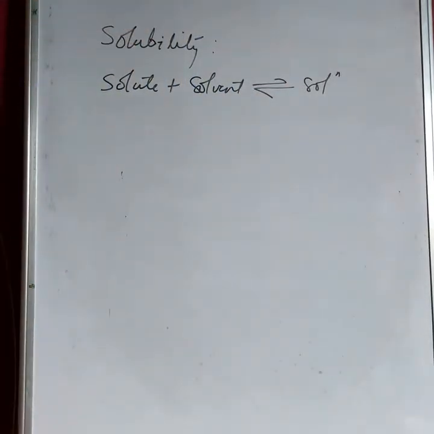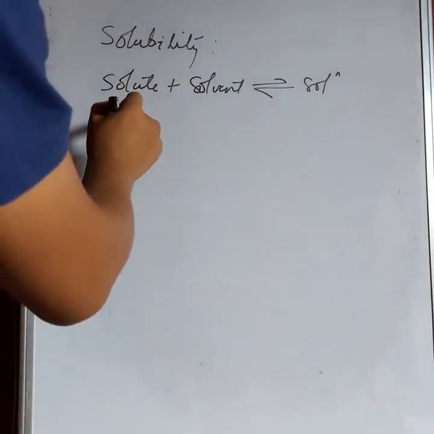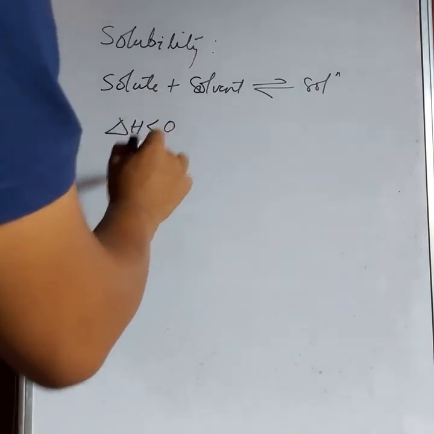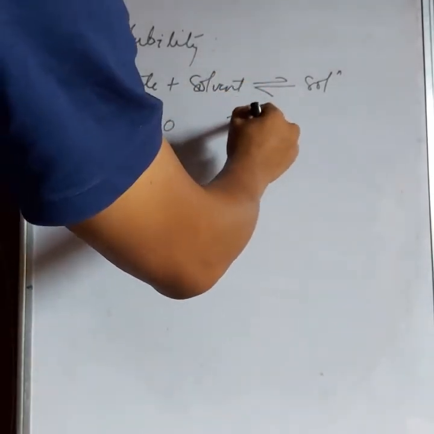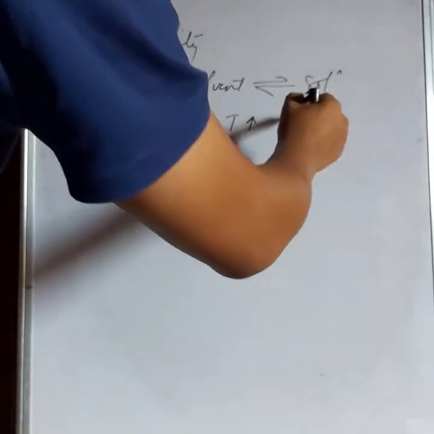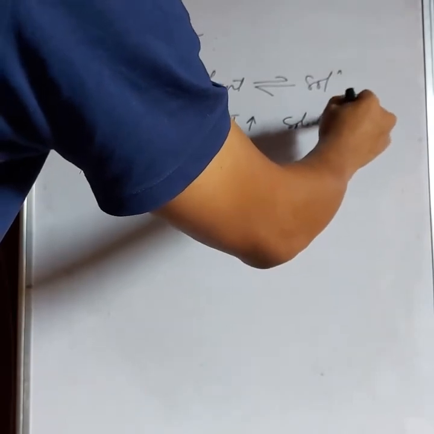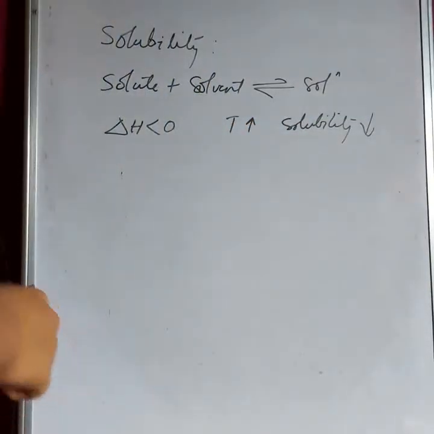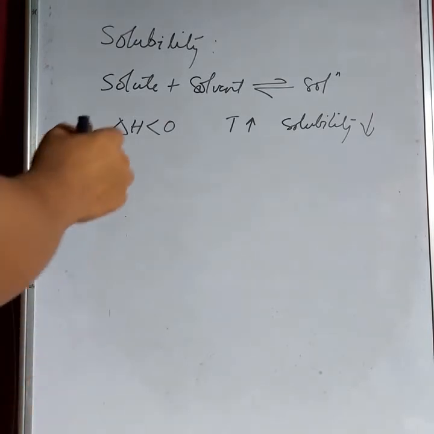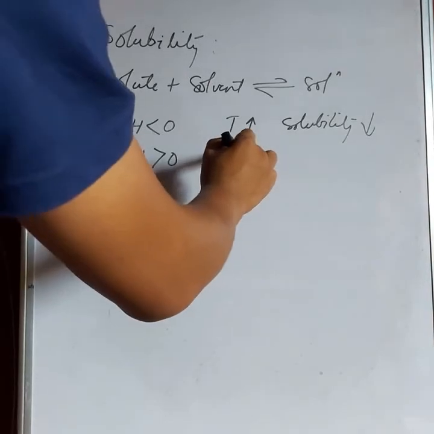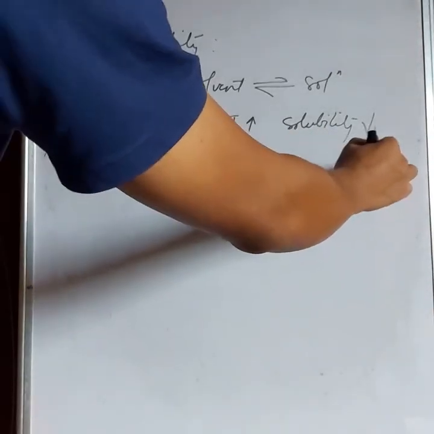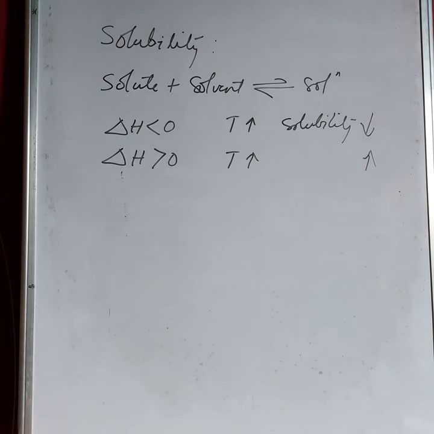Now if this reaction is exothermic, that means our enthalpy change is negative, then as temperature increases, solubility decreases. But if it's an endothermic reaction, that means if our enthalpy change is positive, then as temperature increases, solubility goes up. That is how temperature affects the solubility of a particular reaction.